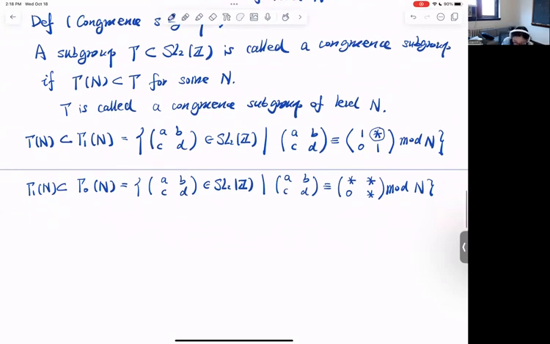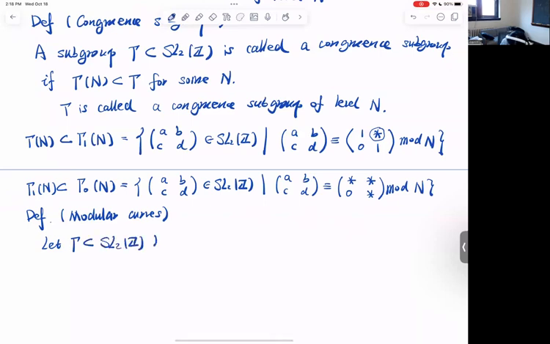Okay, so what's the usage of congruence subgroups? Now we are ready to define modular curves. The point is that congruence subgroups give you modular curves. So let gamma in SL2Z be a congruence subgroup.